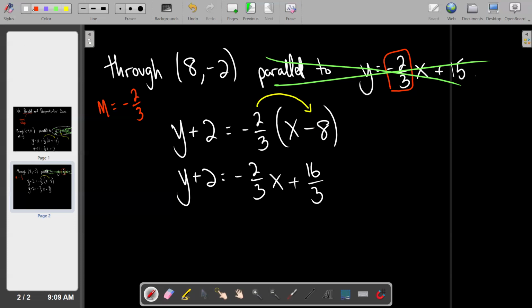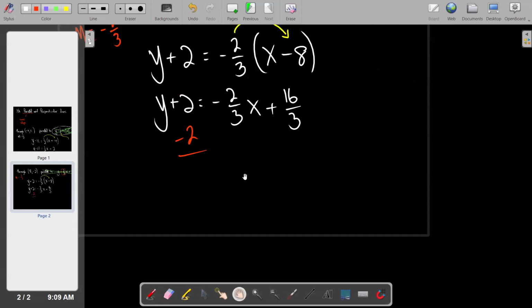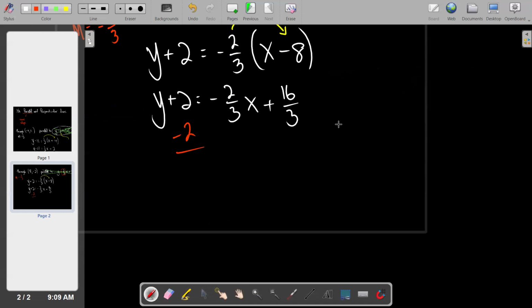So at this point, I'm going to subtract 2 from both sides. When I subtract 2 on the right, what form am I going to subtract 2 in? Sixths? Yeah, 6/3. So I want it still to equal the number 2, but I want it to have the bottom of 3. So I'm actually going to subtract 6/3 from this side.